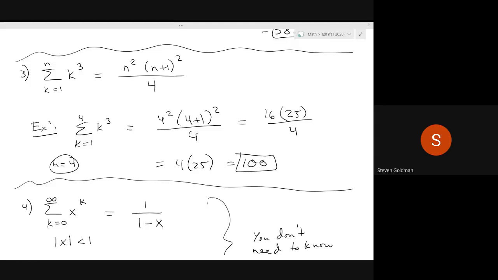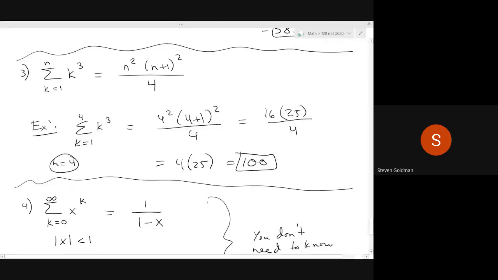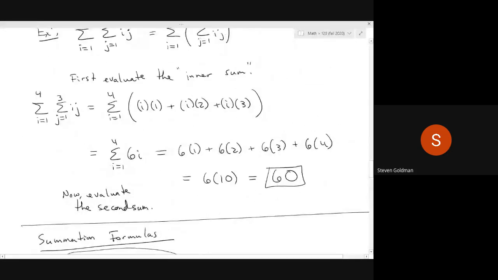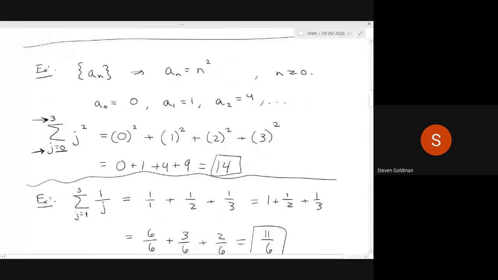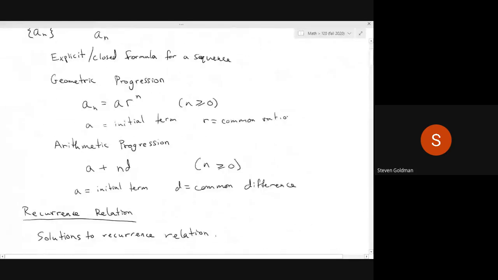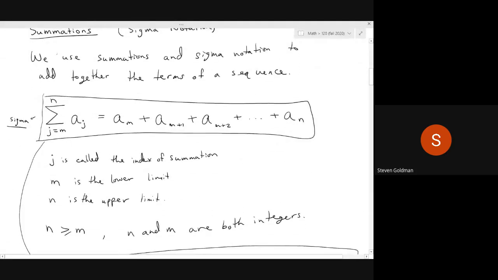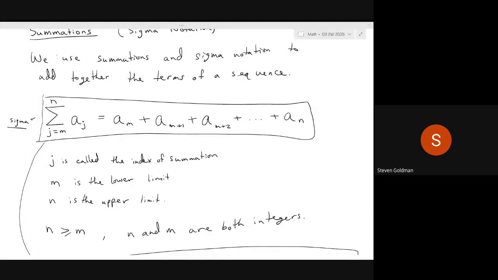Can I go up where I showed summations? Back to the definition, I assume you mean? Yeah, I can do that. Okay, is this what you wanted? Okay, sure.